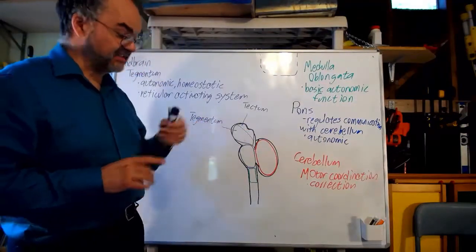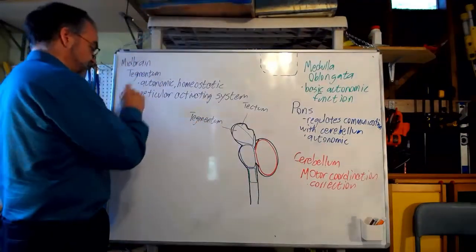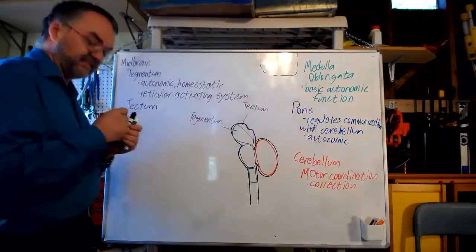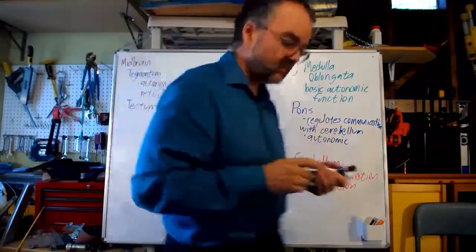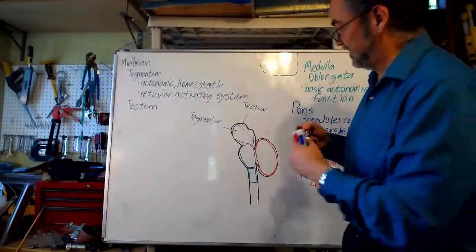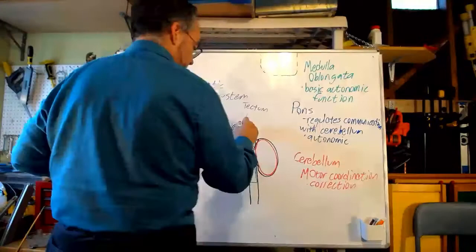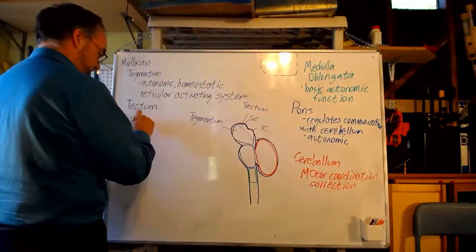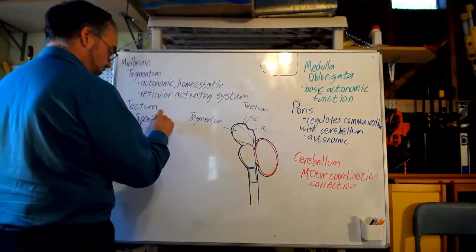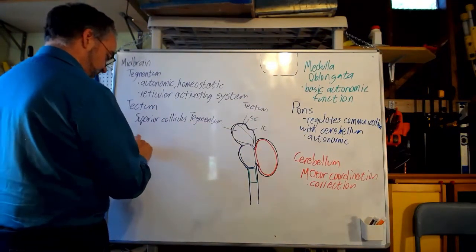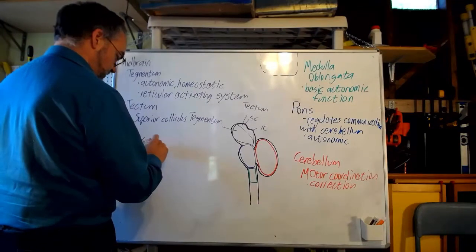Now the tectum does something of particular interest to me. The tectum is divided in humans into a couple of specific areas. One area I'll label here, SC and IC, and that's the superior colliculus and the inferior colliculus.